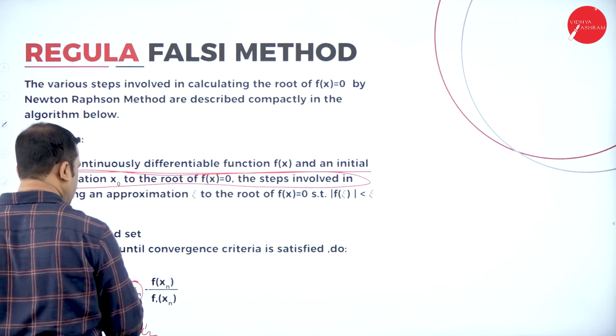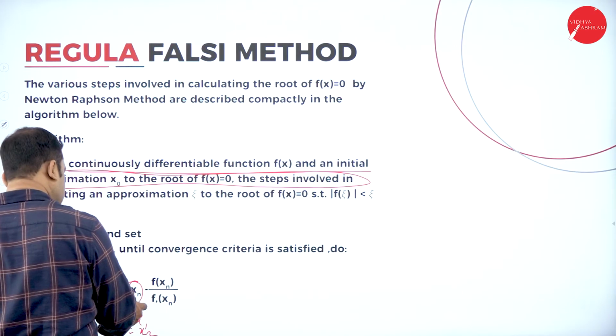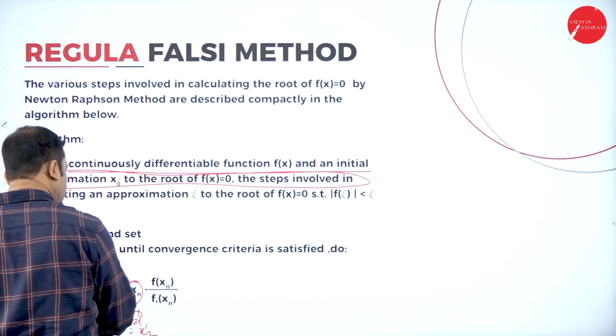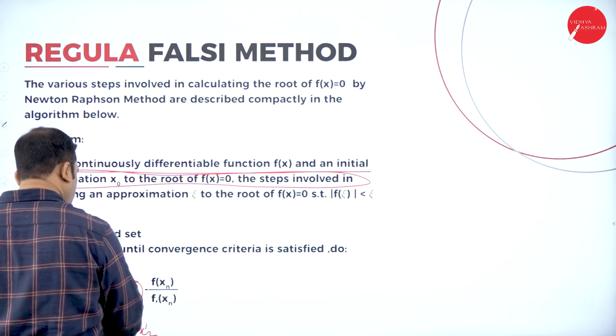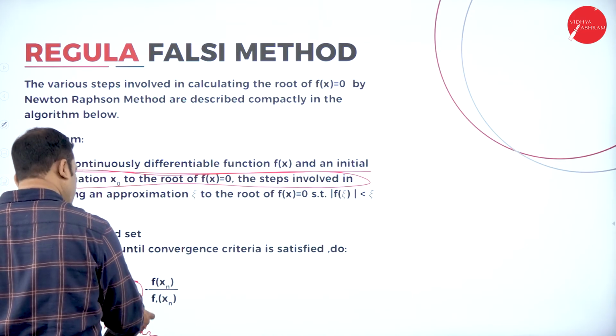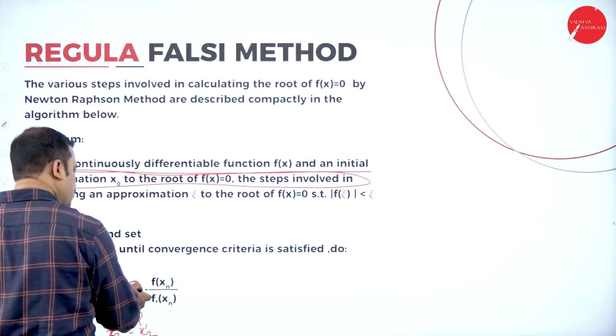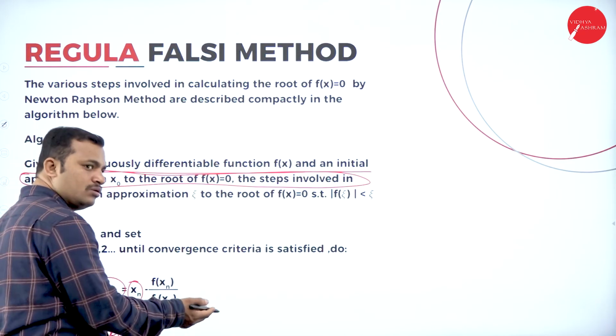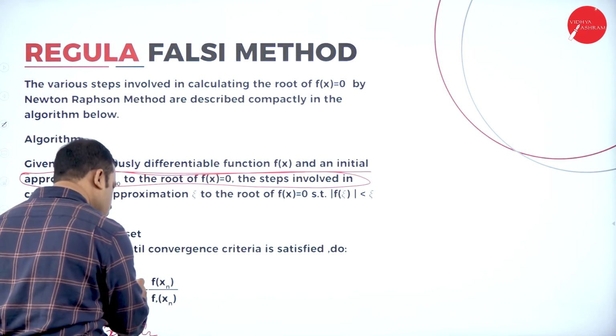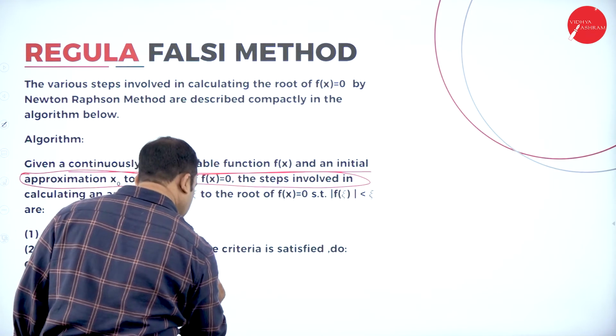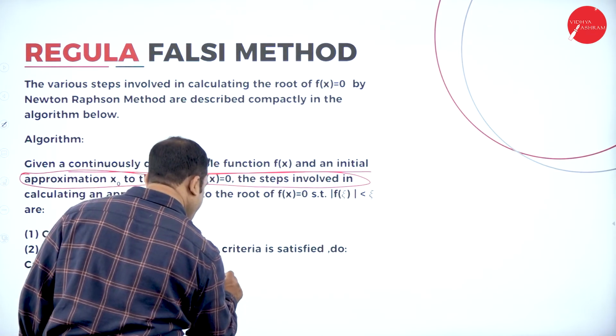How do I get x1 from the previous iteration? How do I get x2 from the previous iteration? How do I get x0? I do not know. I have to guess some initial value. That is why an initial guess is needed.